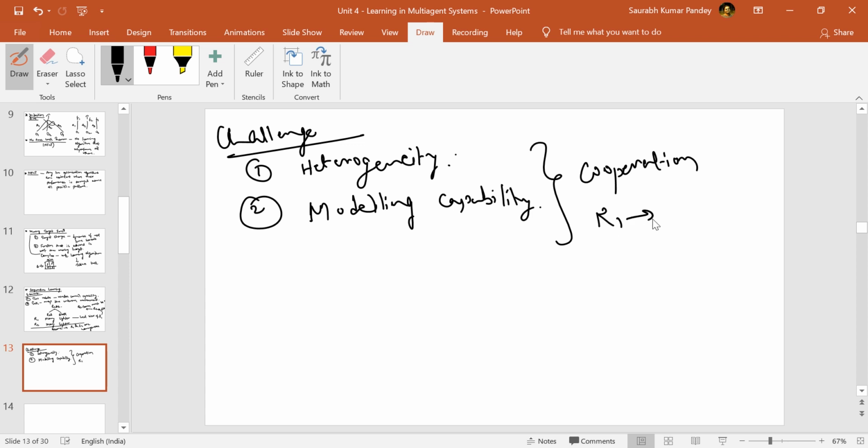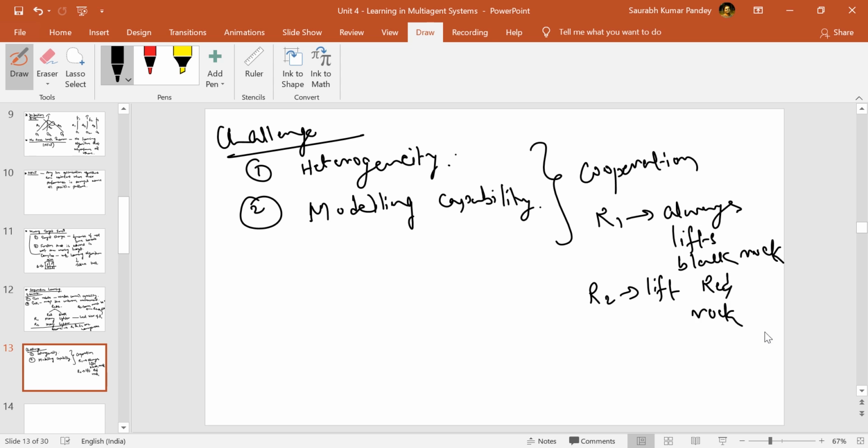R1 may always lift the black rock, because it is lighter, and R1 knows that it cannot lift heavier rocks. R2 knows that R1 has shared this information with it, and that they are not the same. So it may assume that R1 is lifting the black rock, so it will lift the red rock. So what is happening over here?